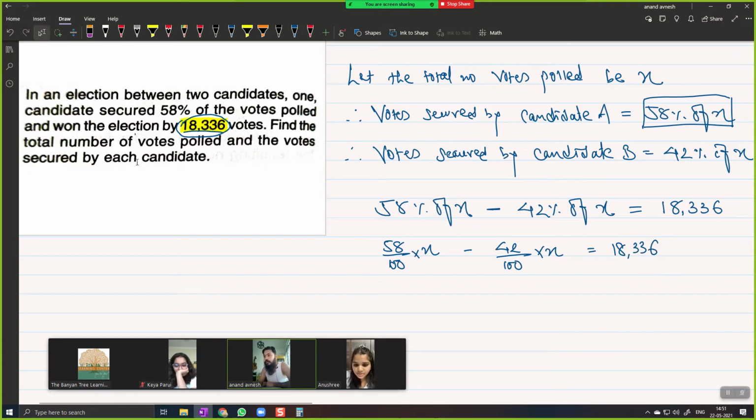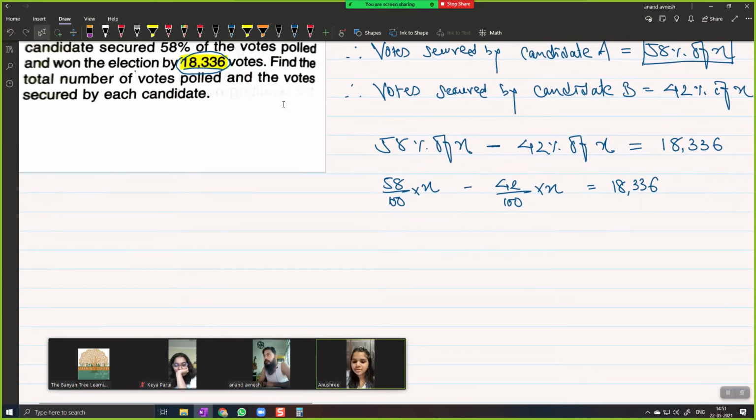You cannot simply minus. Now you will write 58x by 100 minus 42x by 100 is equal to 18,336.